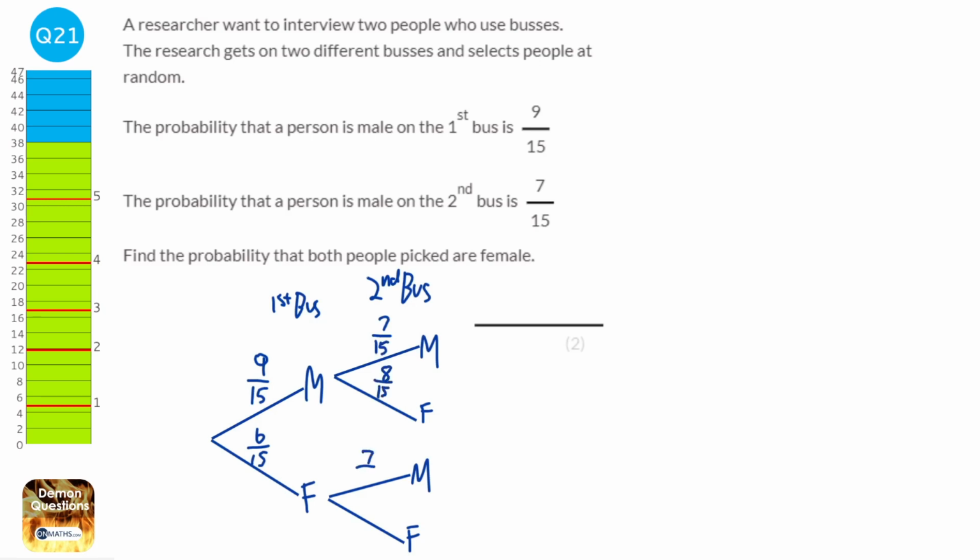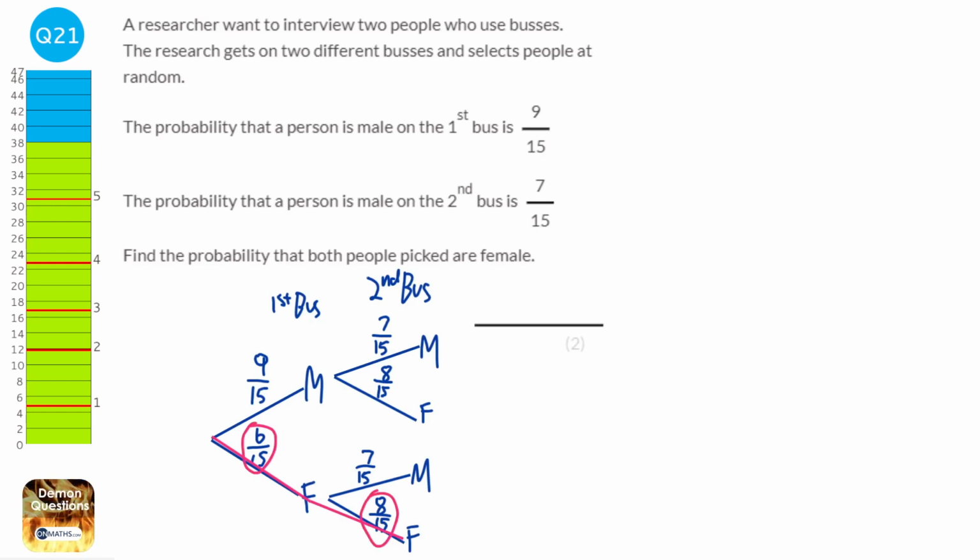And it's independent, so these will be the same. And the question is basically asking what is the probability that both will be female. So to have both female, we need to have gone down this line at the start, and then this line again. Okay, so looking at the fractions along the way, it's 6 over 15 and 8 over 15.